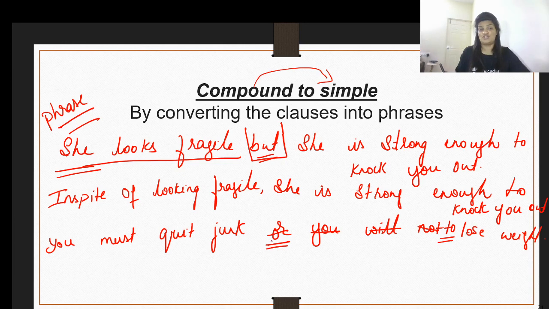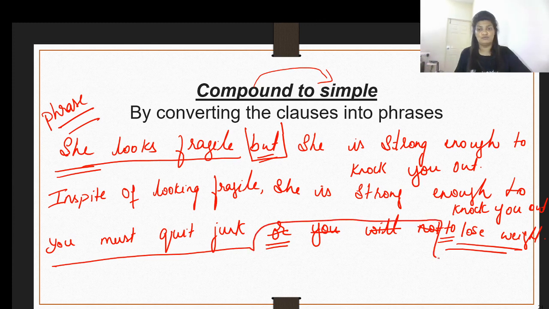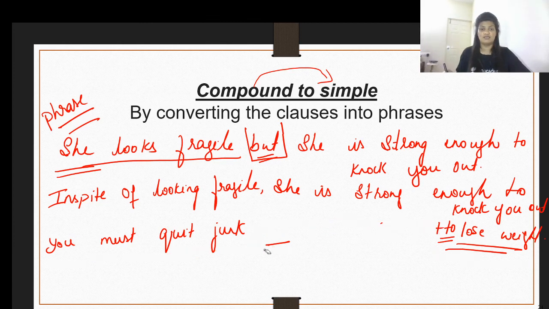You must quit junk to lose weight. Does it make sense? You must quit junk to lose weight. Does this make sense? Certainly does. You must quit junk to lose weight.